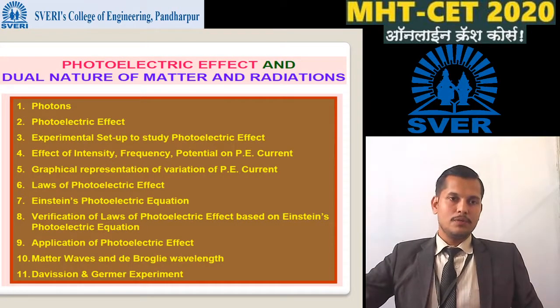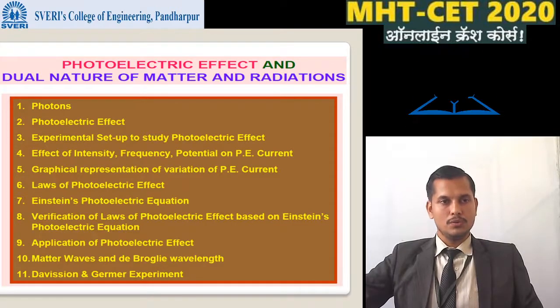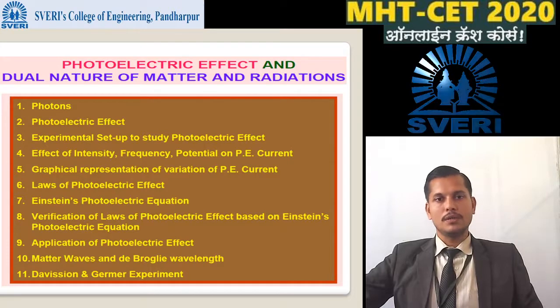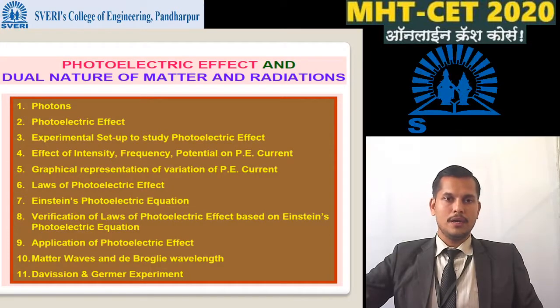When we are discussing electrons and photons, this chapter is related to the photoelectric effect, that is Einstein's photoelectric effect, and the dual nature of matter and radiation.